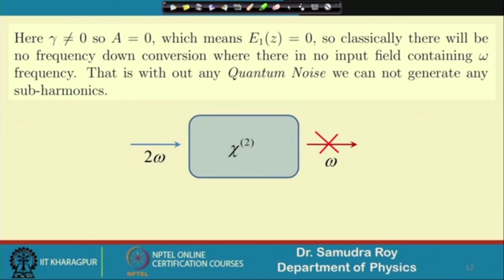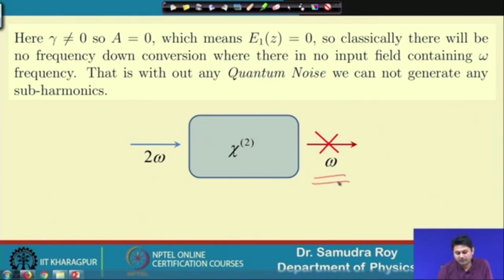We have 2 omega launched into a medium where chi 2 is not equal to 0, but this suggests that there should not be any omega field generation. So, there will be no subharmonic generation, but in general we find that the subharmonics are still generated. That means, if I launch 2 omega, omega can be generated.